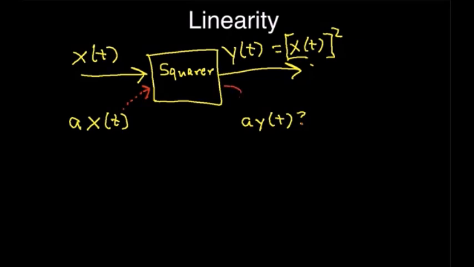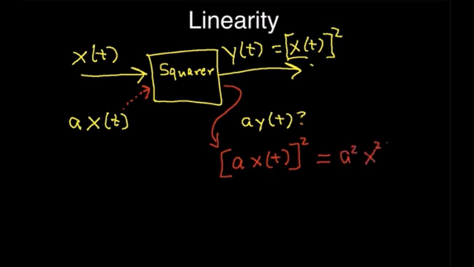The thing that comes out is going to be a x of t squared, because this is a squarer. And I can write this as a squared x squared of t. Now, y of t, the output of the system when x is the input, is x squared.